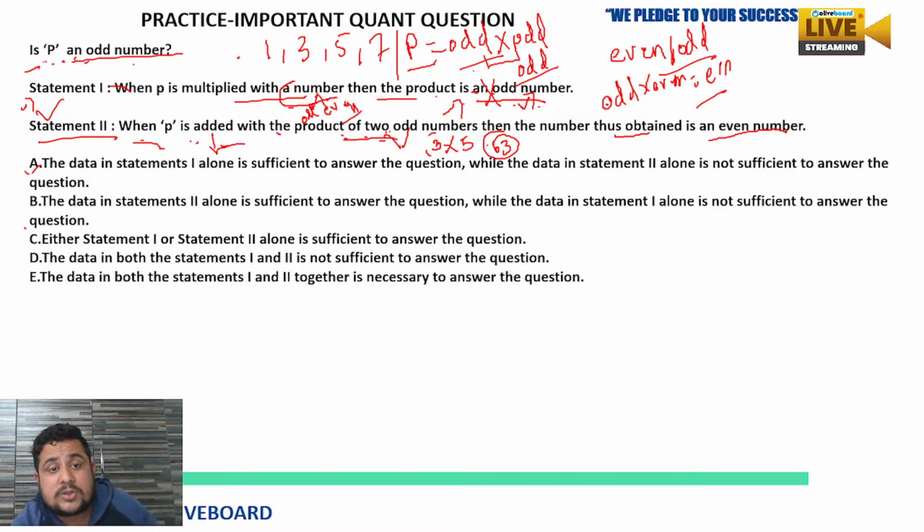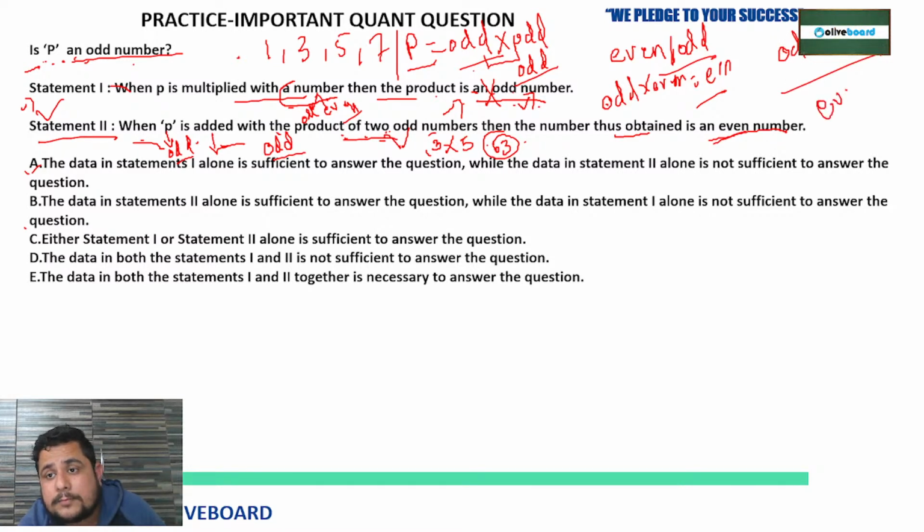So P is added with the product of two odd numbers, means P is added with an odd number, and the result is an even number. When we add two odd numbers, what do we get? The sum of two odd numbers is always an even number.